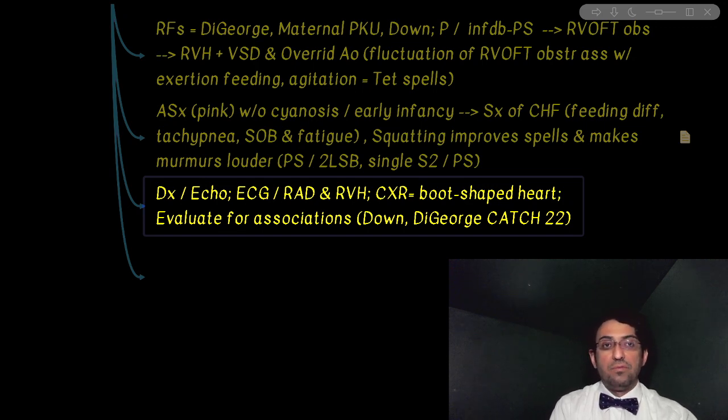We usually have right ventricular hypertrophy and right axis deviation. What are the specific chest X-ray findings? The most important finding is a boot-shaped heart, and that is the right ventricular hypertrophy that transforms the apex of the heart so that it looks like a boot-shaped heart on imaging.